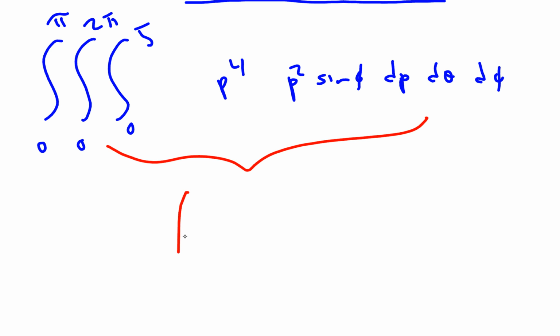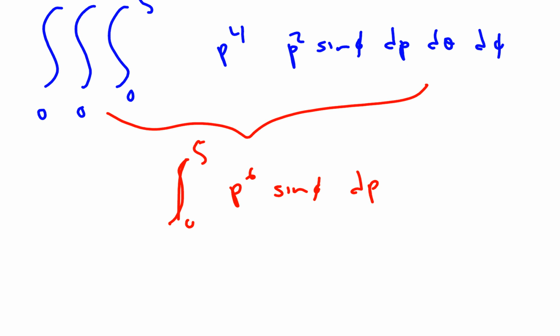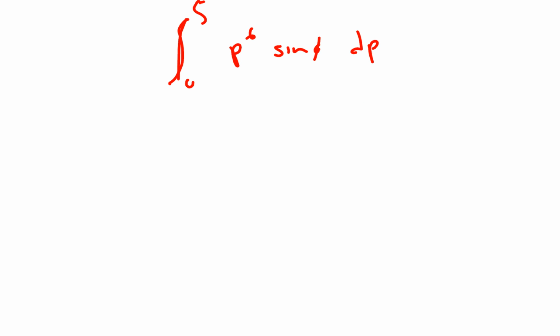So this is the integral from 0 to 5 of rho to the 6th sine phi d rho. Well, rho is the variable, sine phi is just a coefficient, so we don't need to worry about that. The antiderivative of rho to the 6th is rho to the 7th over 7 times this sine phi that's coming along as a coefficient, and we're going to evaluate that from 0 to 5.